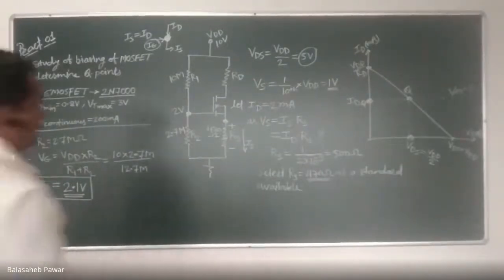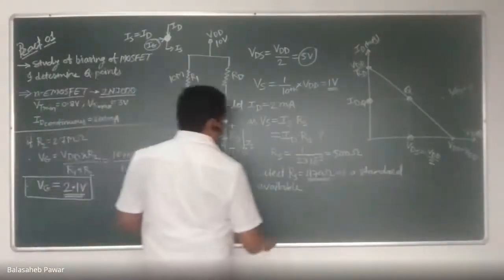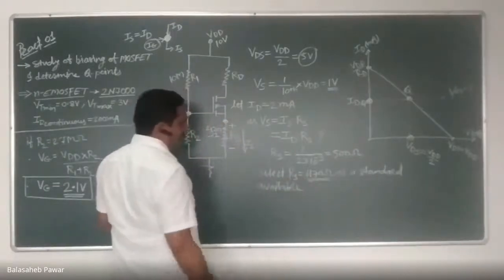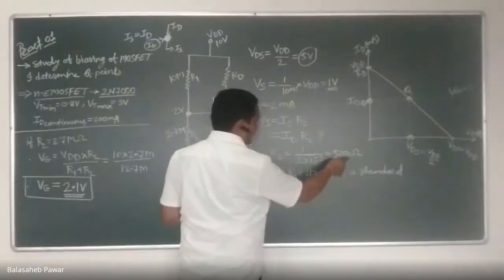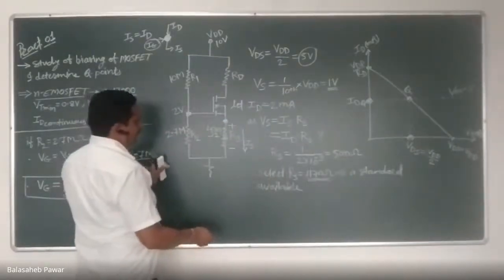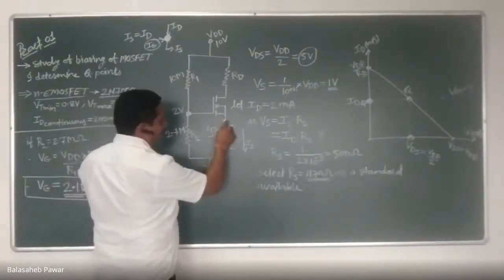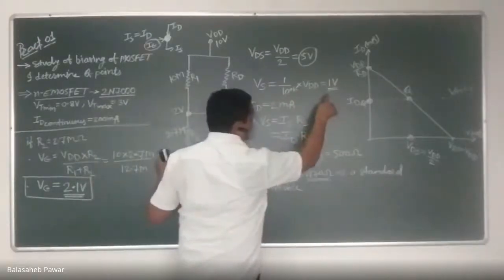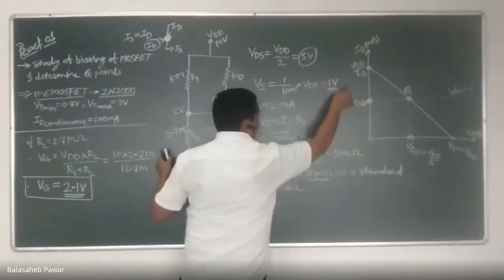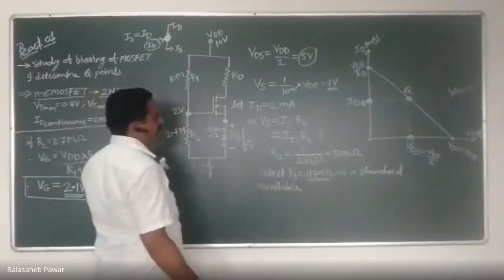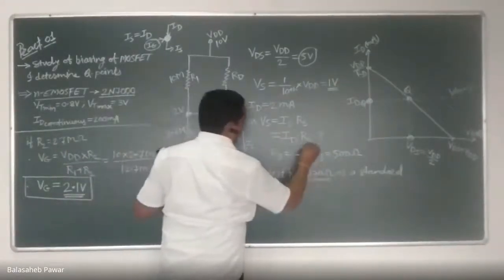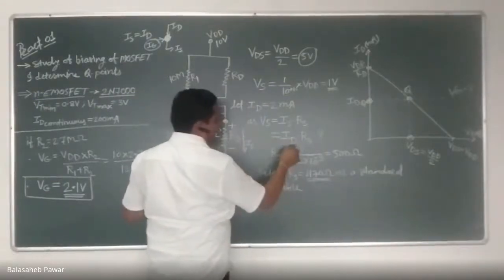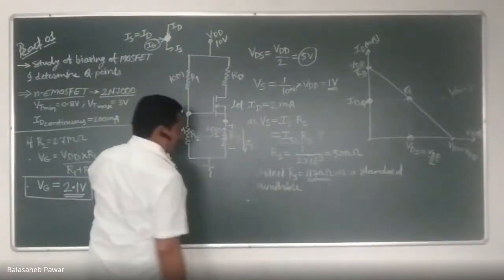Now see, if that Rs is 470 ohm, actually taken resistor instead of 500, will it affect the value of this Vs, which we considered as 1 volt, or will it remain the same? What do you think? Vs is nothing but ID into Rs. Therefore, next line.